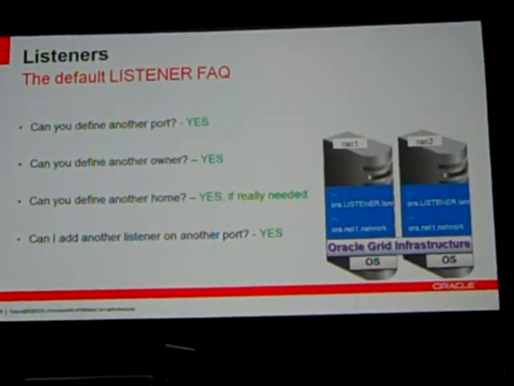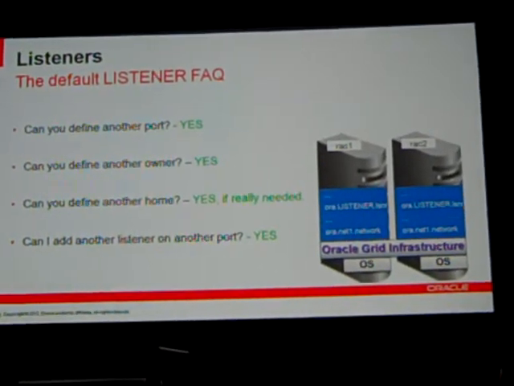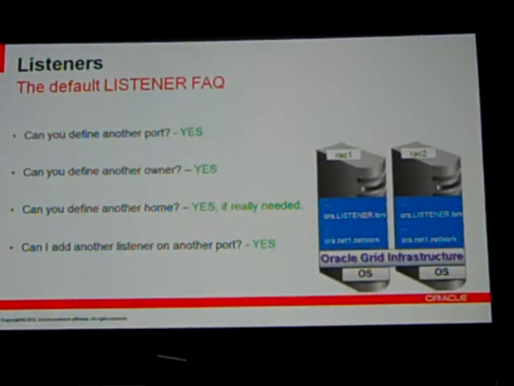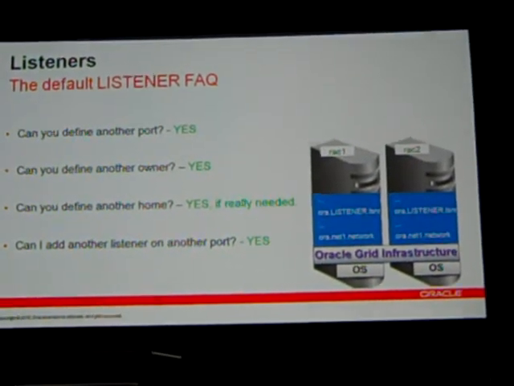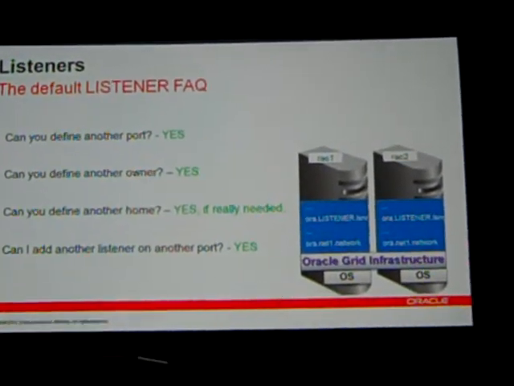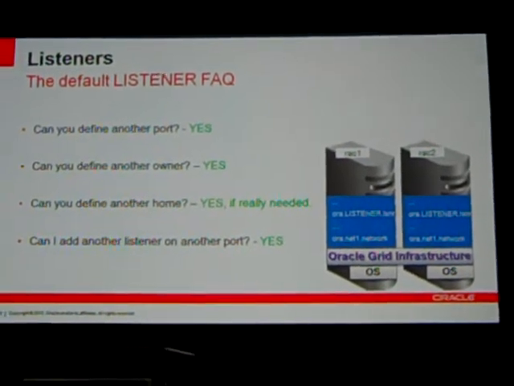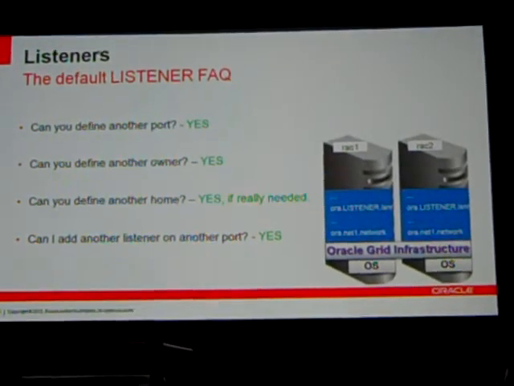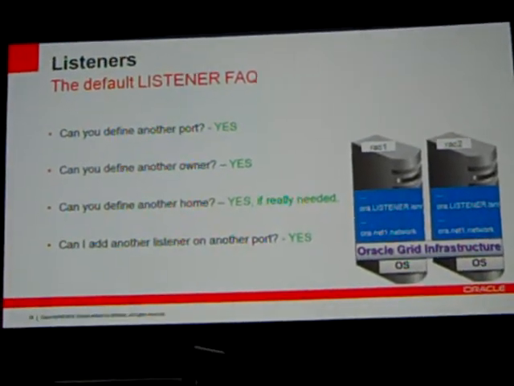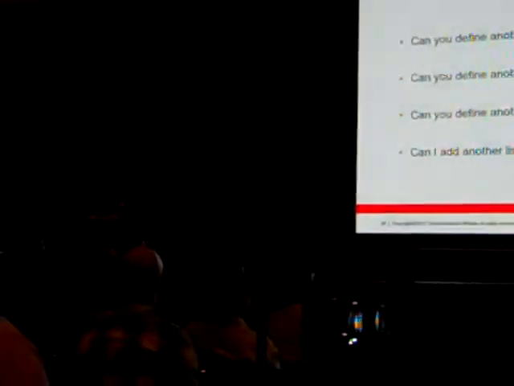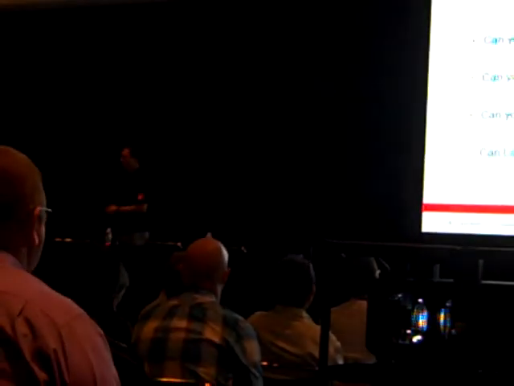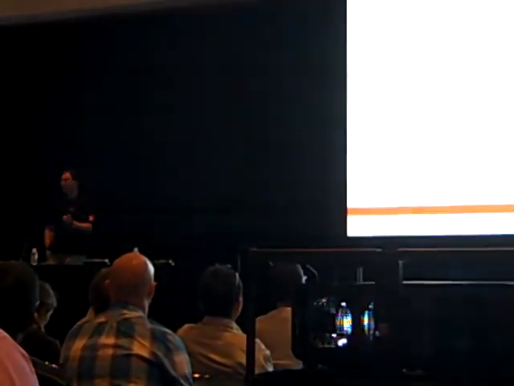You can define another owner, as I have just told you. If you don't want the grid user to own this listener or open processes for this matter, that's fine. Can you define another host? Yes, you can. Actually, we allow you to create listeners out of the database homes that you are deploying subsequently, but we wouldn't really say we should. Can you add another listener on another port? Absolutely.